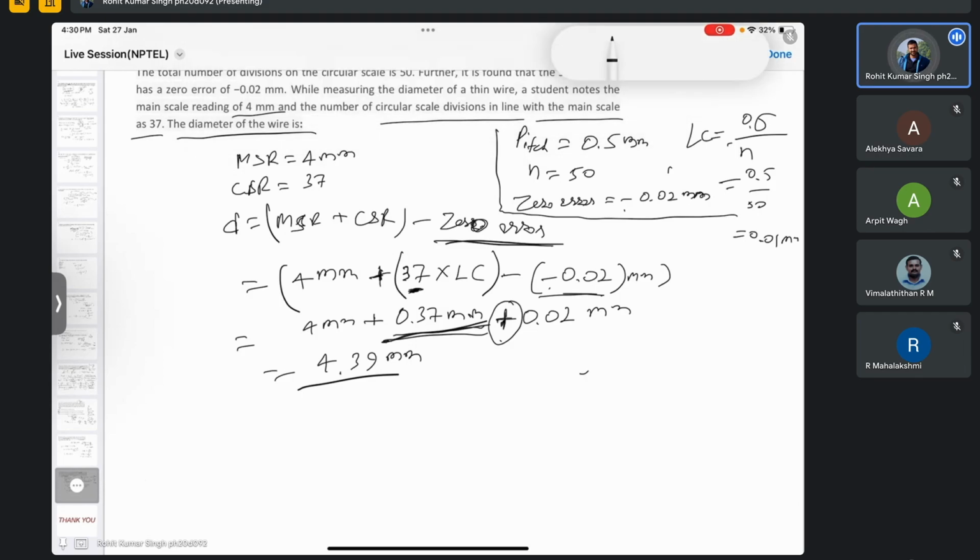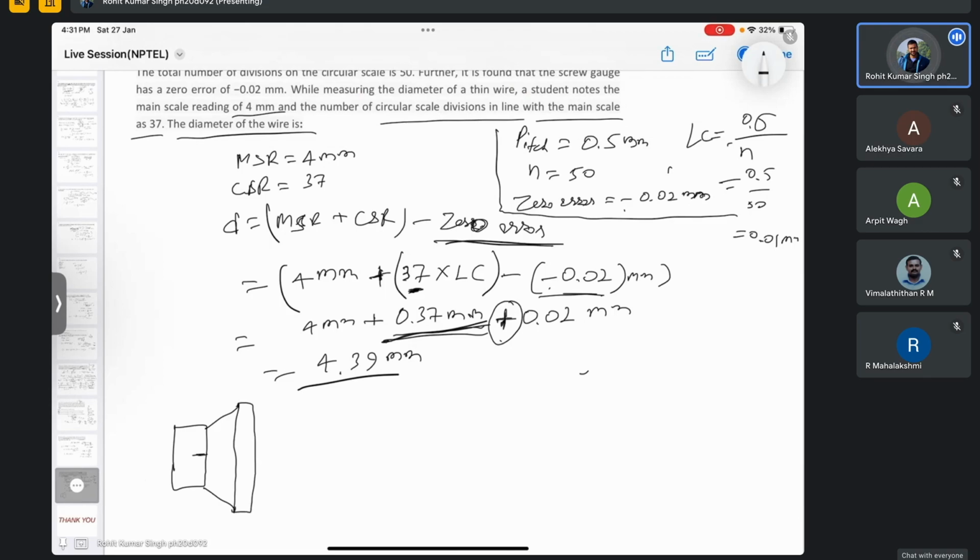So this is the concept. Let me again explain this using a diagram. So this is a screw gauge, right? Screw gauge like this.